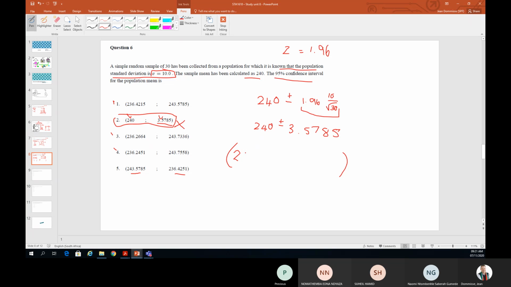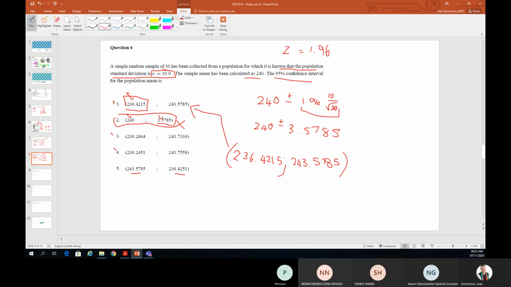So the bottom one is 236.4215. Okay, so let's just check the top one. It is 243.5785. Okay, so that is option one.